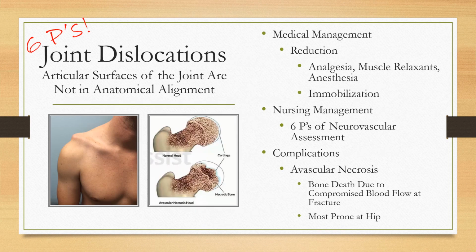Okay, so let's just briefly talk about joint dislocations. A joint dislocation is where the articulating surfaces are not in contact anymore. So we could think of the head of the humerus at the shoulder coming out of the glenoid fossa. It's dislocated out.